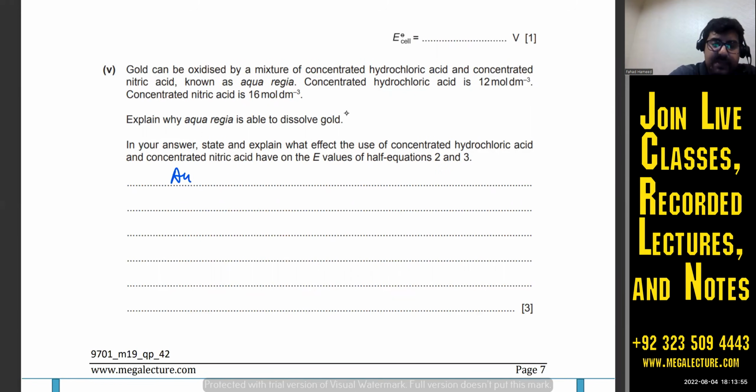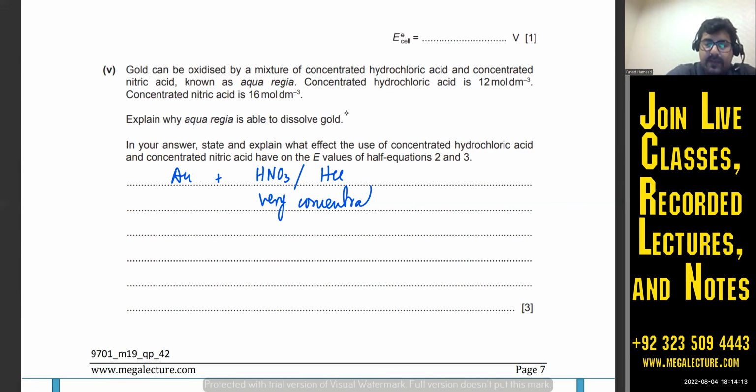कि जो gold है ना, if you use nitric acid and you use कौन सा acid, hydrochloric acid, right? And in very concentrated amounts. So he says that this is aqua regia, right?